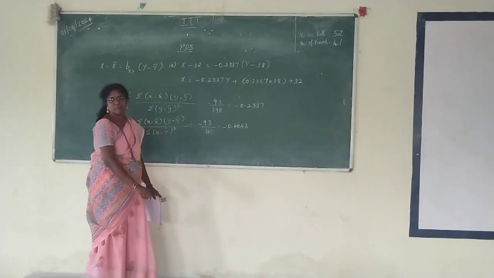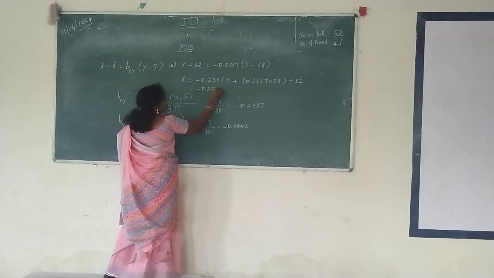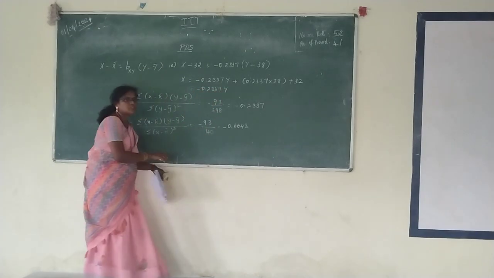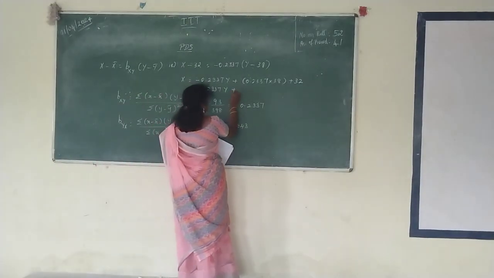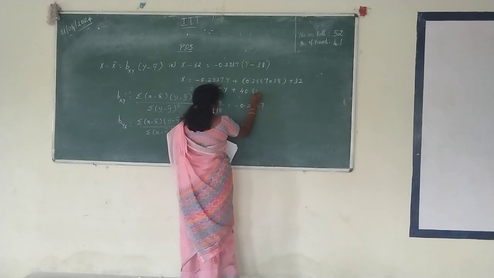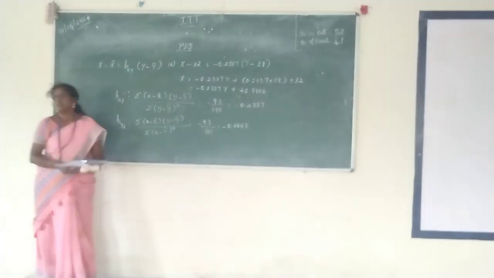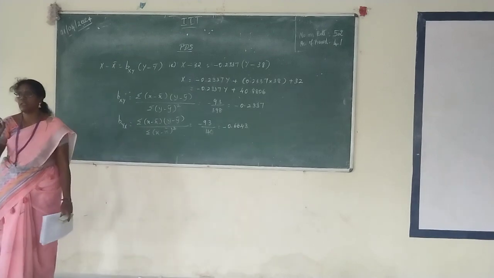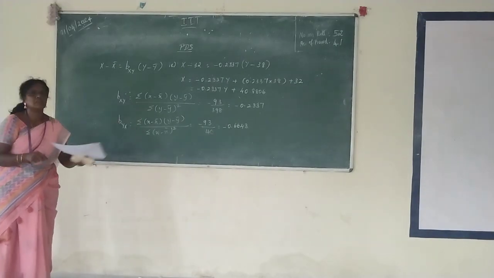Simplify this and find what the constant is. With x on y, you have to represent x in terms of y variable. You have to rewrite the equation into this format.